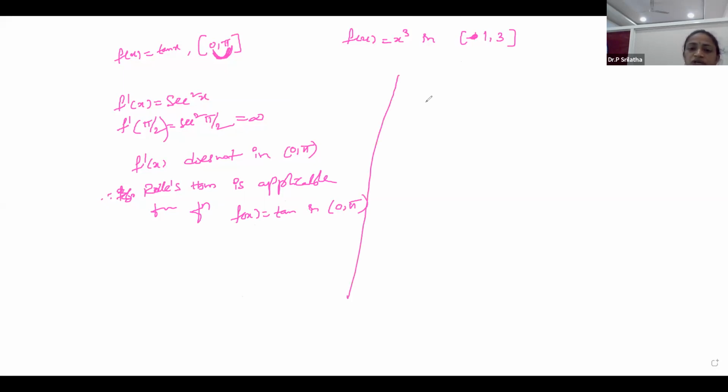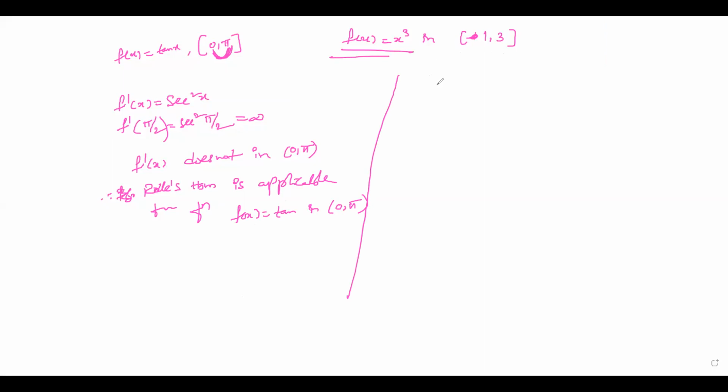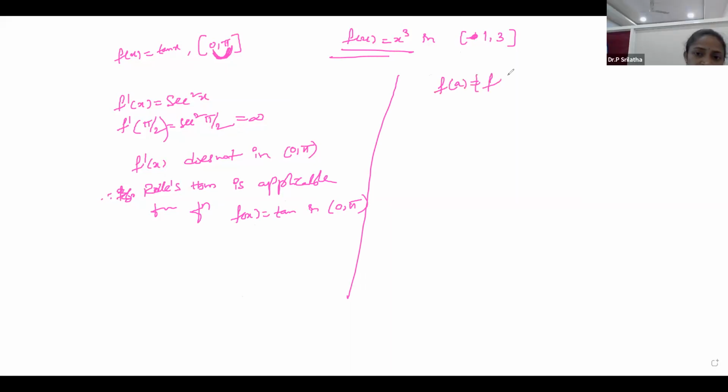No issue. Okay. So what about this function, is it applicable for Rolle's theorem? No, ma'am. Why? f of a is not equal to f of b. So that means f of 1 is not equal to f of 3. Right? So if one condition fails, in that case the theorem is not applicable.